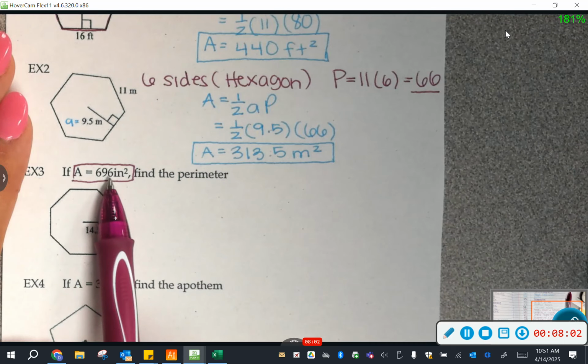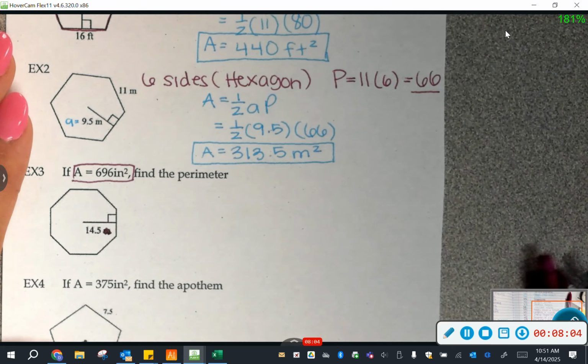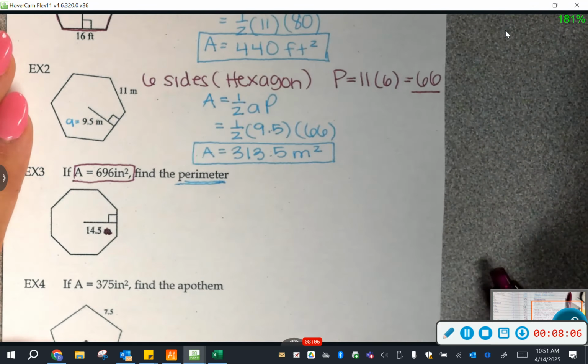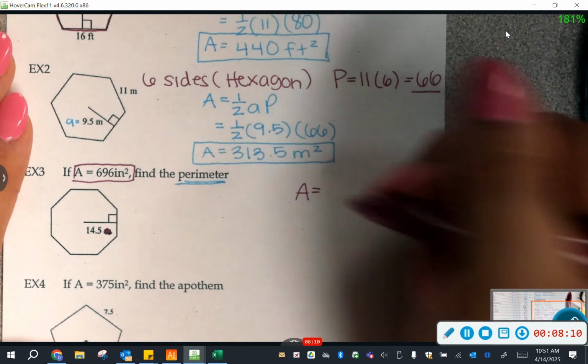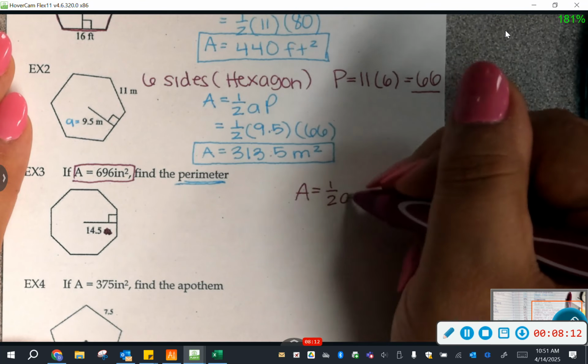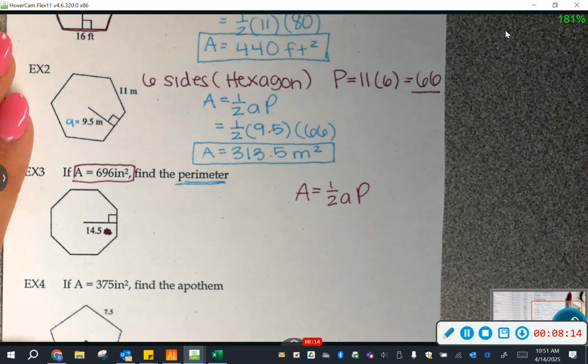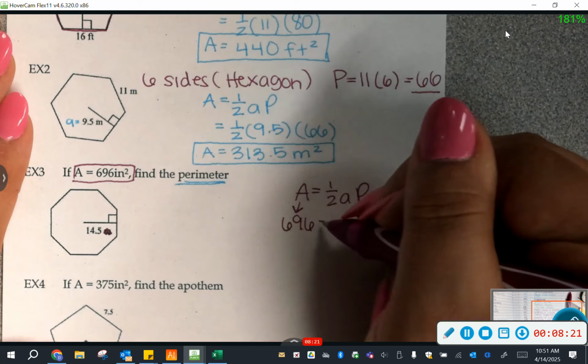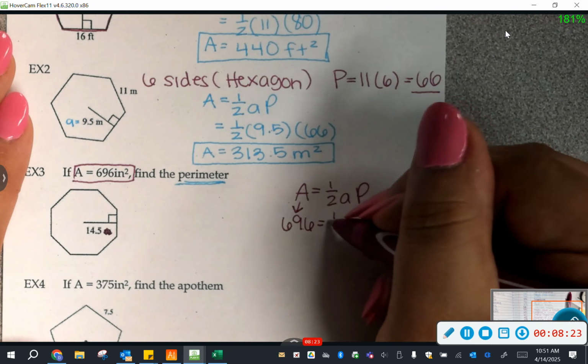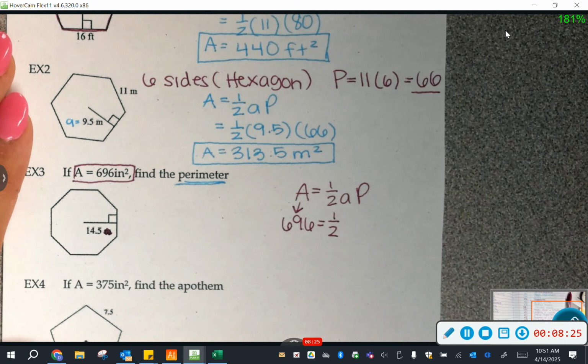If the area is 696, how do I find the perimeter? So let's do this. Perfect. 1/2 a P. Write this with me, please. My area is 696. What else do I know?